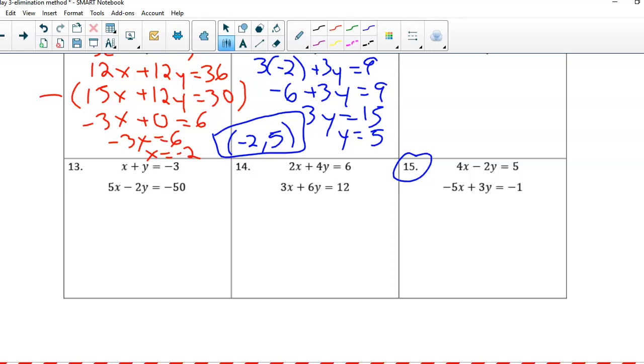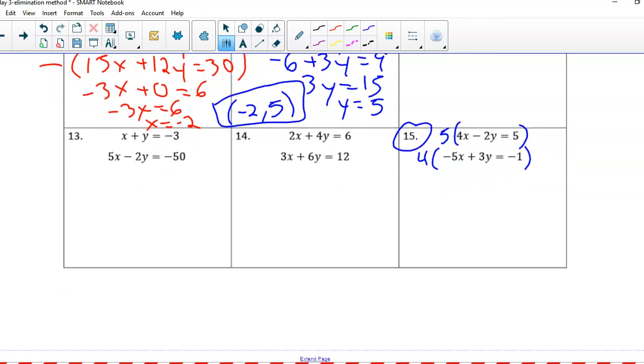You choose. Okay, so if we're solving for x, what would we multiply? So here, because this is already a negative, we don't need to include a negative, but multiply the top by 5 and the bottom by 4. So pay attention to that also. If it has a negative already, you're just creating more work for yourself if you add in another negative.